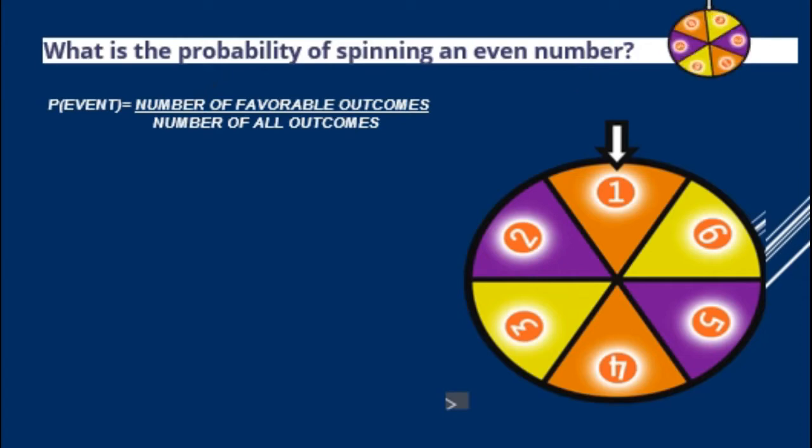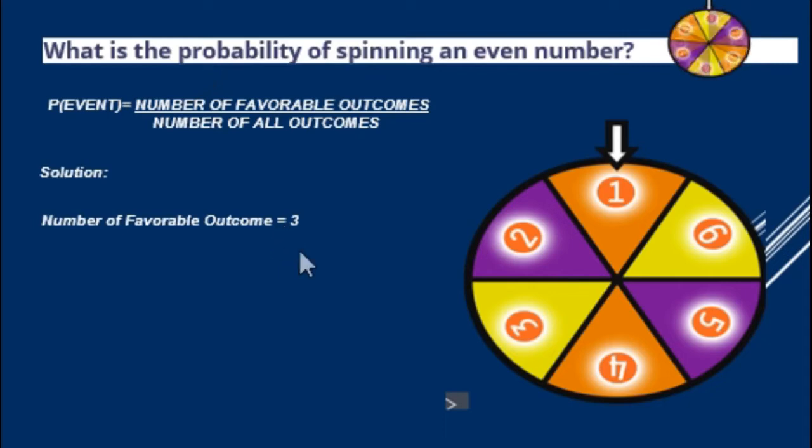Okay, we have 3 even numbers. Number 2, number 4, and number 6. So for our solution, the number of favorable outcomes is 3. How about the number of all outcomes? Alright, we have here 6. 1, 2, 3, 4, 5, and 6.